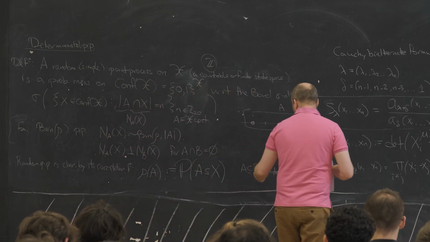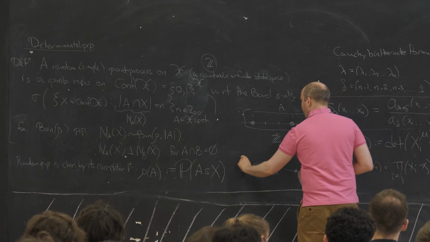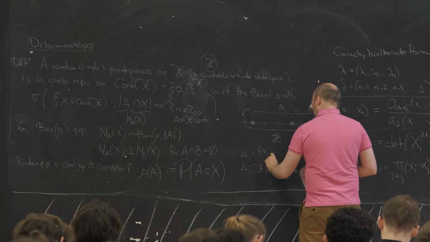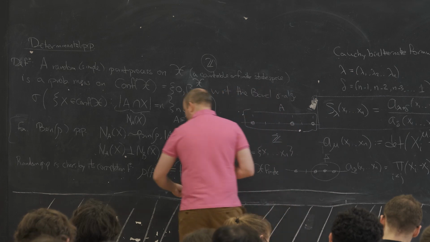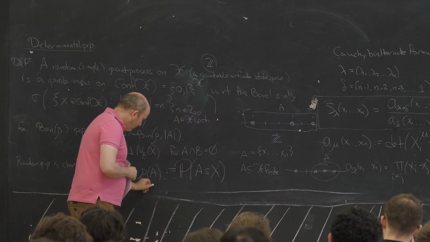In particular, since A is assumed to be finite, we might as well think of A as some collection of points, x1 up to xn for any given n. And then we introduce the notation of the n-point correlation function rho n of x1 through xn.